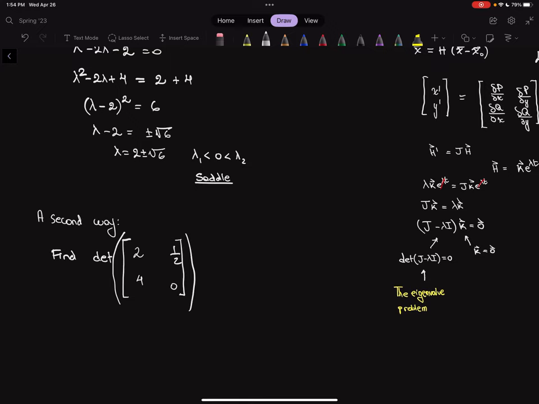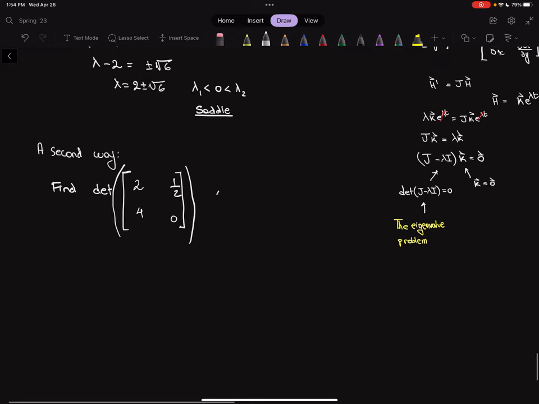And if you do that, I'm going to indicate the determinant with the capital Greek letter delta, it is going to be 0 minus 1/2 times 4, which is -2. And when the determinant is less than 0, it's a saddle.